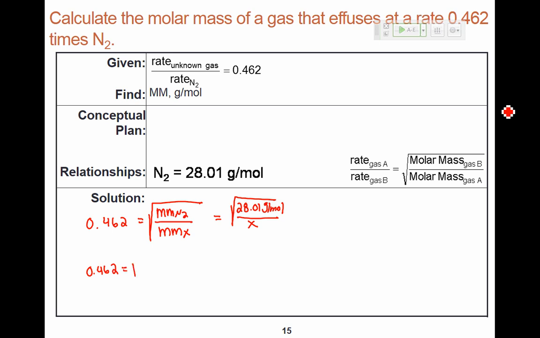Again, bringing in a little bit of algebra for solving this equation. We can take both sides of the equation and square it to get rid of that square root sign.